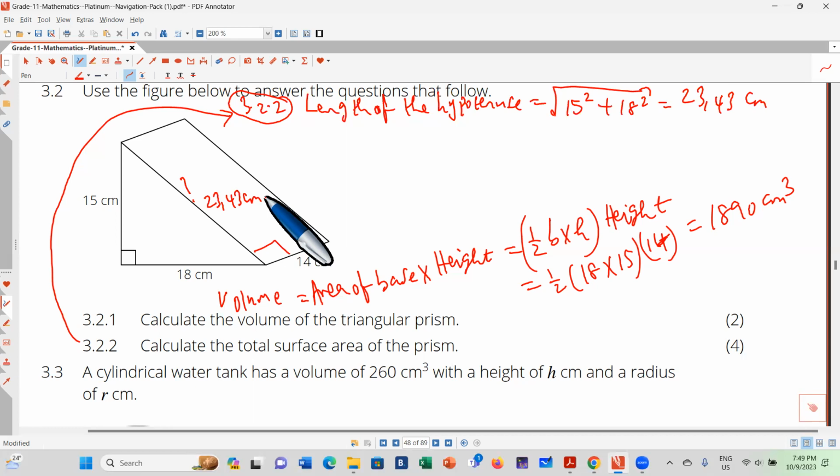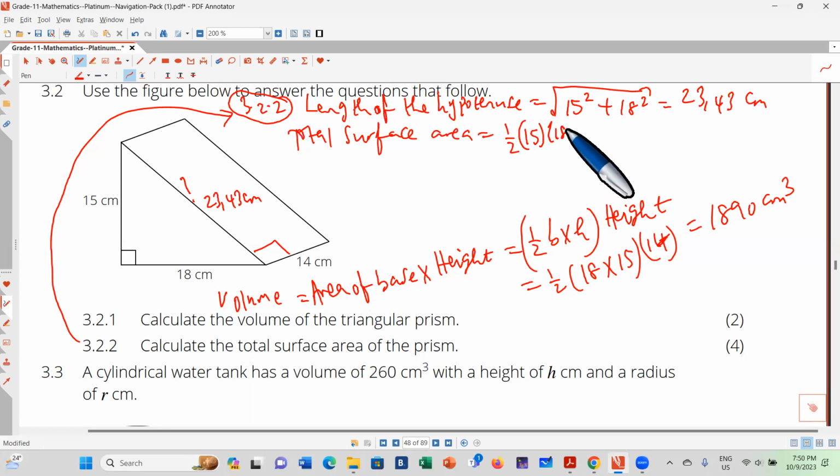What is the total surface area? The total surface area becomes, for example, half 15 by 18.